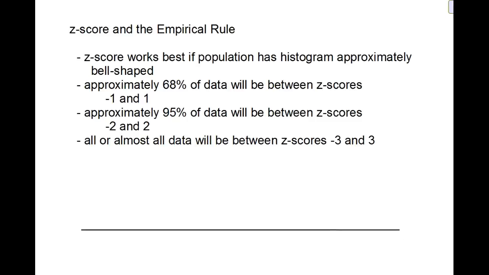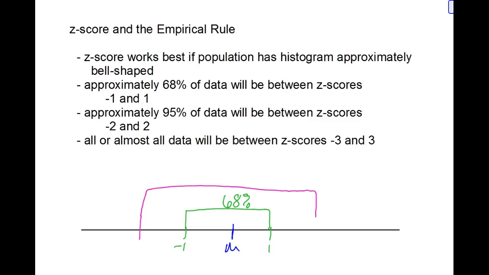We can say that the center is going to be our mean, and between -1 and +1 is going to be approximately 68% of our data. Then, because that's one standard deviation, between -2 and +2, that will be 95% of our data.